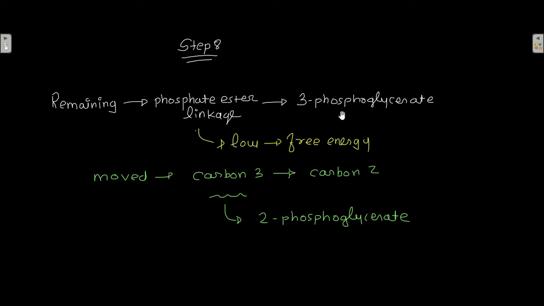So 3-phosphoglycerate is converted into 2-phosphoglycerate in step 8 by moving the phosphate ester linkage from carbon 3 to carbon 2. And remember that this phosphate ester linkage has comparatively low free energy.